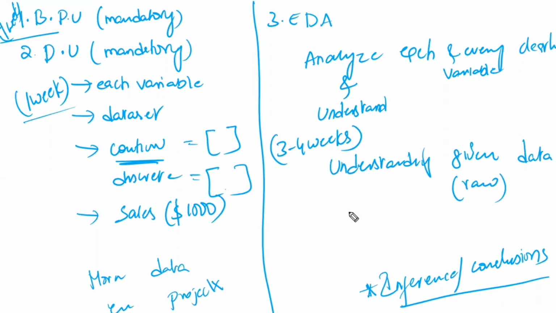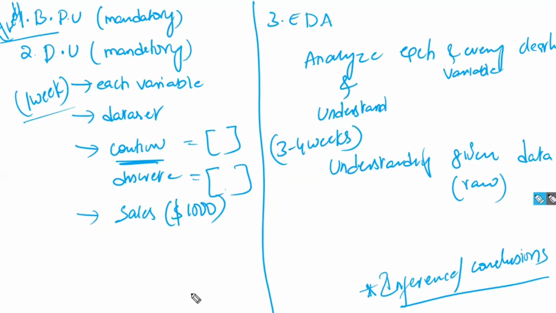Your work is to identify the pattern. Identifying the pattern is the main work of the data scientist, which improves the business. Identifying a pattern which doesn't improve the business, no need of identifying that. If that pattern is there, also no use. If the pattern is not there, also there is no use. It must improve the business performance. Right?